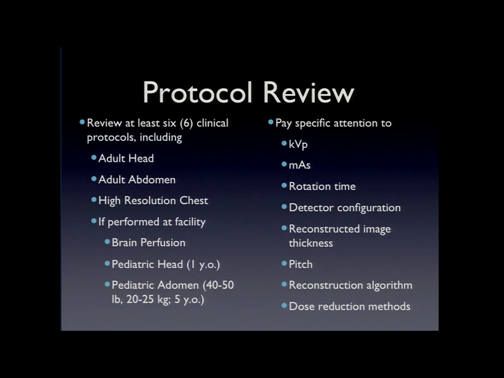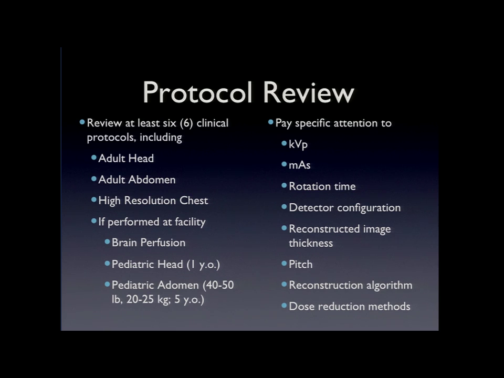For the protocol review, they recommend that you review at least six protocols, including the classics that we submit during accreditation: the adult head, the adult abdomen, the pediatric head, the pediatric abdomen, and then a high-resolution chest is recommended. If you do brain perfusion studies, then you need to do an evaluation of the brain perfusion.